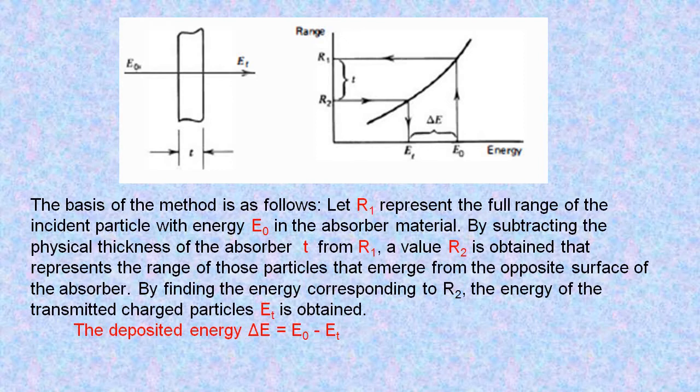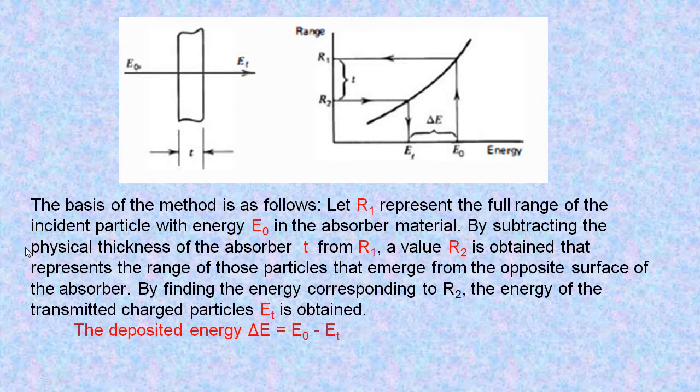And the method is like this. The basis of the method is as follows. Let R1 represent the full range of the incident particle with the energy E0 in the absorber material. That means it is the range with the energy E0.